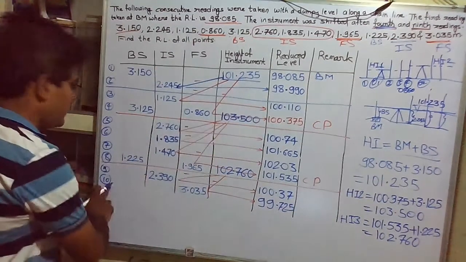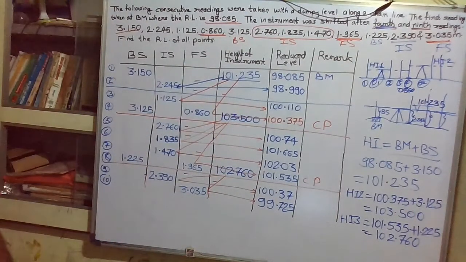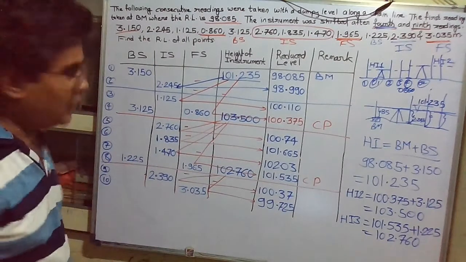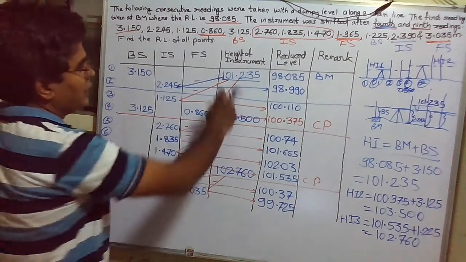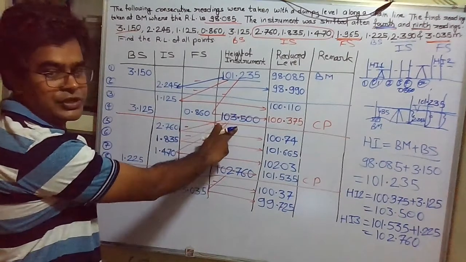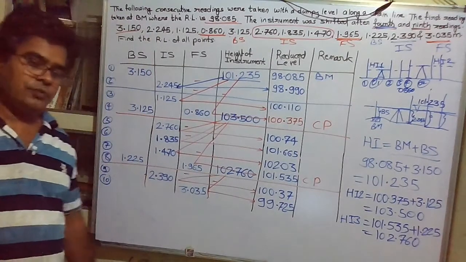This is the RL of our last point, point number 10. Here we calculated the RL just by subtracting staff readings from the HI, and HI will change after each shifting of instrument.